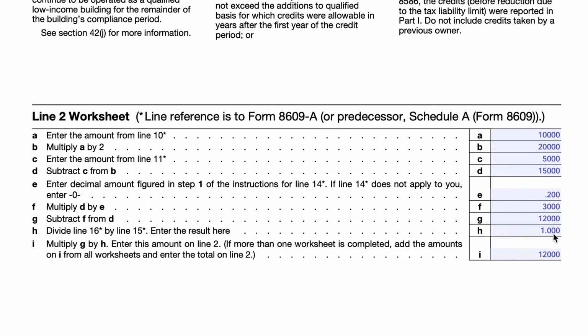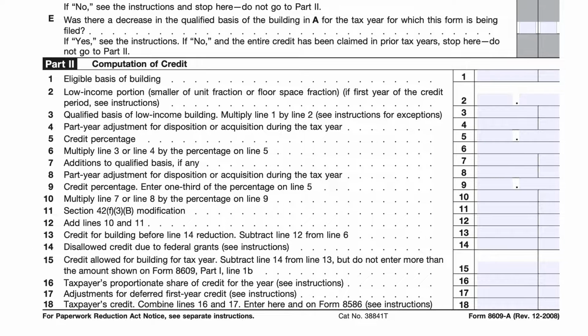Now we're going to divide this amount by the amount in line 15. So if we go here, line 16 is the taxpayer's proportionate share of the credit for the year. The line 15 is the total credit amount. So this would basically be if the taxpayer was a 50% shareholder, then they would be allotted 50% of that credit.